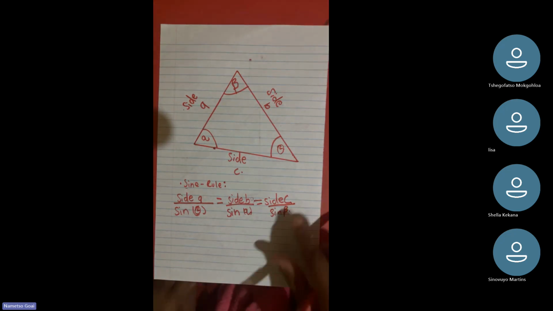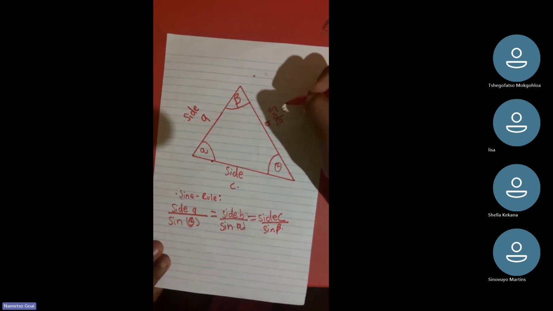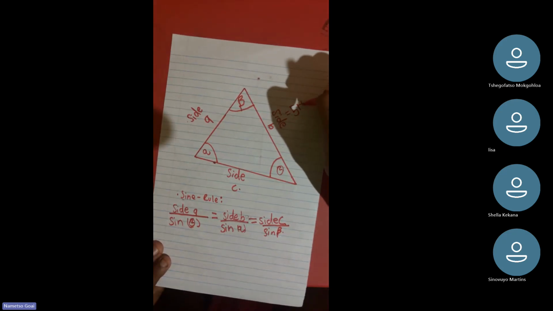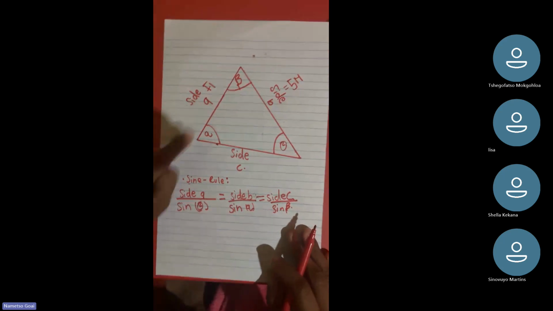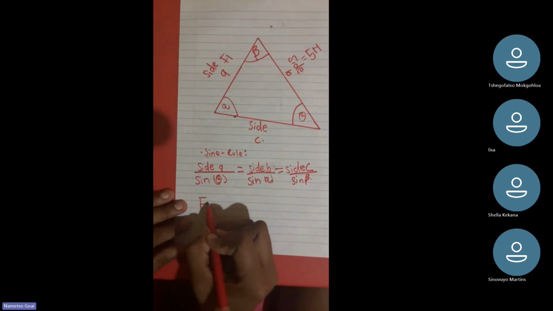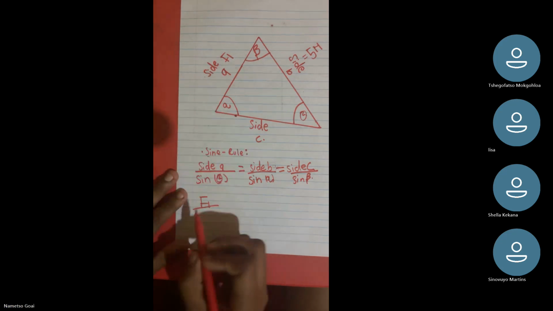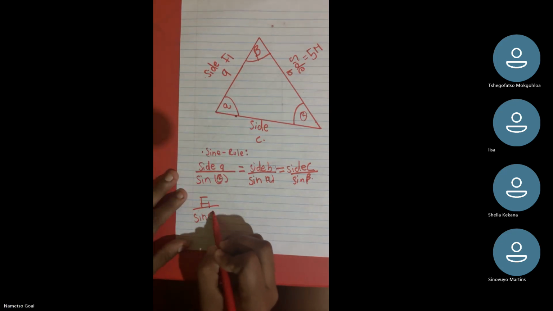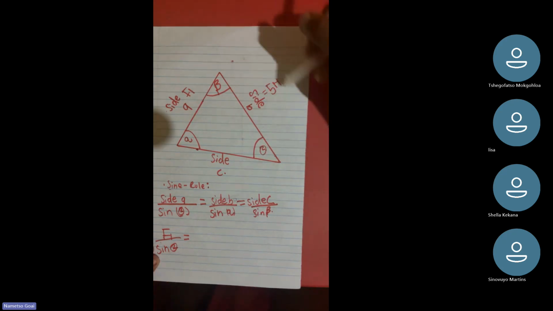Now, let's say you're trying to look for this angle over here, and you have side B. If you know the magnitude of side B, let's say this is 5 Newton, and this is F1. To find F1, you say the unknown, F1, divided by sine theta equals a known side.